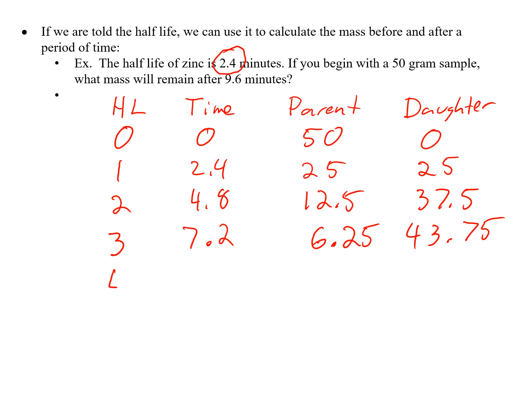After 4 half-lives, we're going to add another 2.4 minutes. And then this is going to go down by half again, and then this one's going to go up by that much.